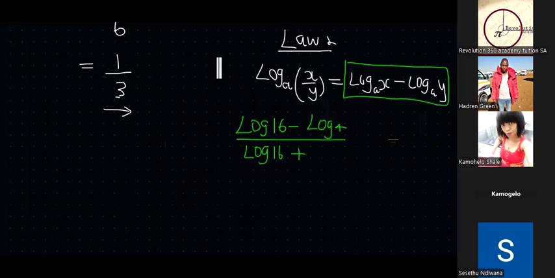Since this part, okay, I'm looking for a different color, since this part is similar to that one, I'm going to write it in this form. What are we going to have? We'll end up having the log of 16 over 4. Going to have something like this.